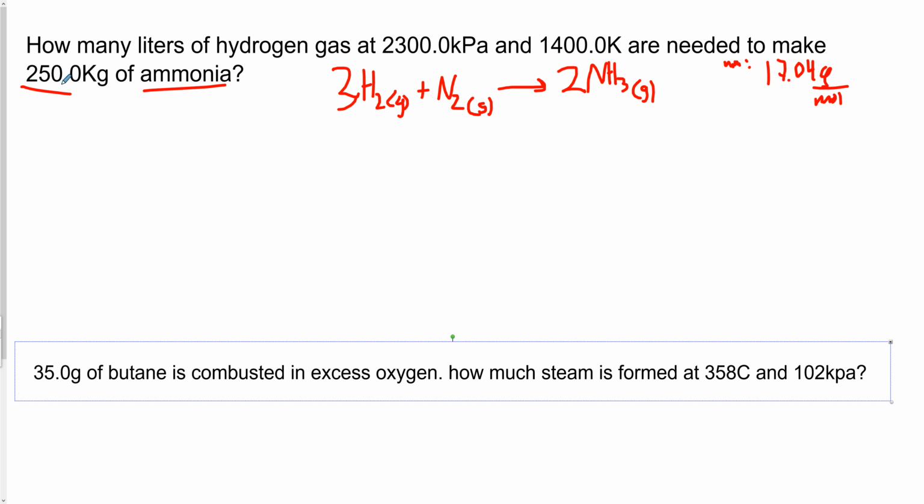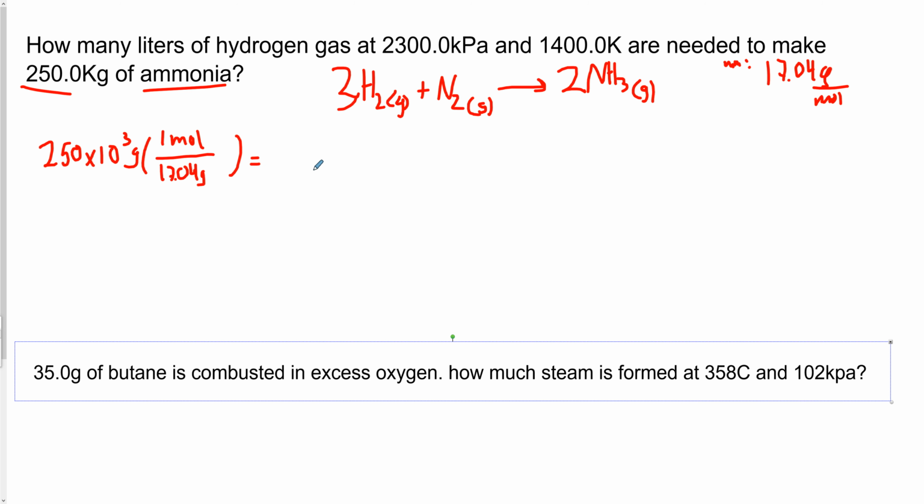That's 250 times 10 to the 3 grams. We need to turn that into moles of ammonia. So 1 mole up top, 17.04 grams on the bottom. This is just a grams to moles conversion. And then we'll do the gas stuff after we're in moles.